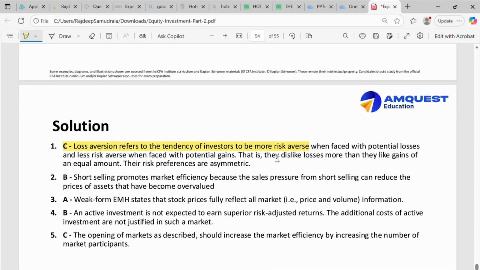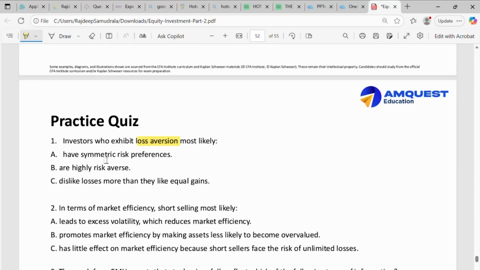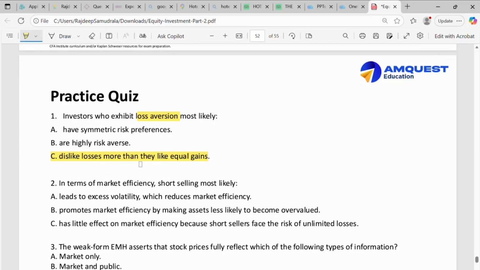You can say they're more averse to risk, but what they dislike is losses. They dislike losses more than they like gains, right? So the answer will be C. Be careful, it's a little scary one. You may even say highly risk averse, but the correct answer is they dislike losses more than gains of an equal amount.